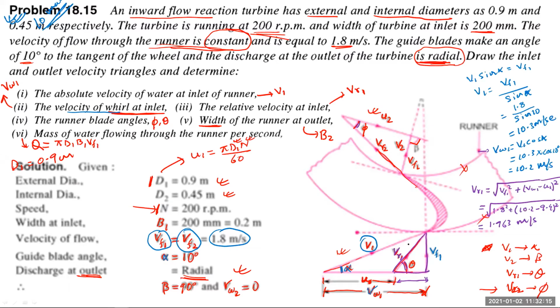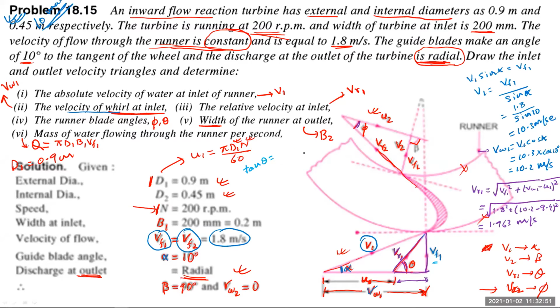Now let's see how to get the value of tan theta. Let me change the color for increasing the visibility. Here, on the same triangle, tan theta equals perpendicular by base. Perpendicular is your Vf1 and your base is this much length, which is again Vw1 minus u1.